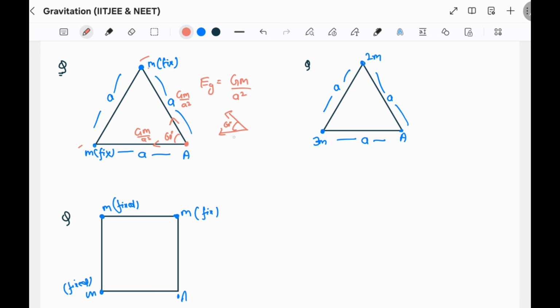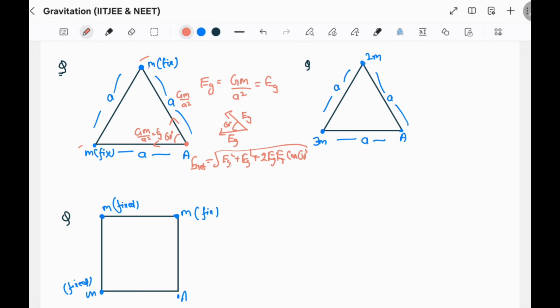So the resultant formula: suppose you have two vectors, I will say this is Eg, this is also Eg. So Eg square plus Eg square plus 2 Eg into Eg cos 60. This will be our E net.